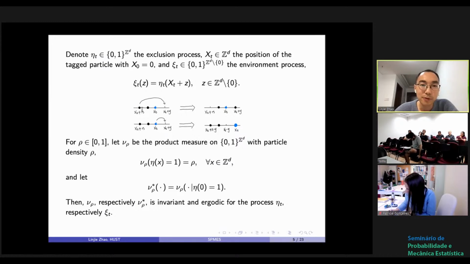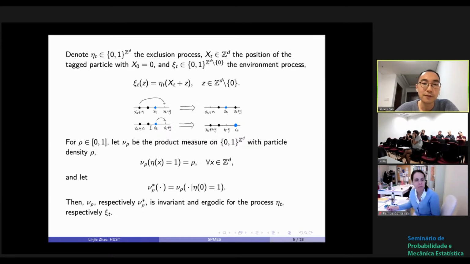The first part corresponds to the movement of the normal particles, that is the black particles here. So in the first picture, the particle at site X_t plus x jumps to site X_t plus y. In the environment process, this corresponds to a particle jumping from x to y, and after the jump, this is a new configuration.